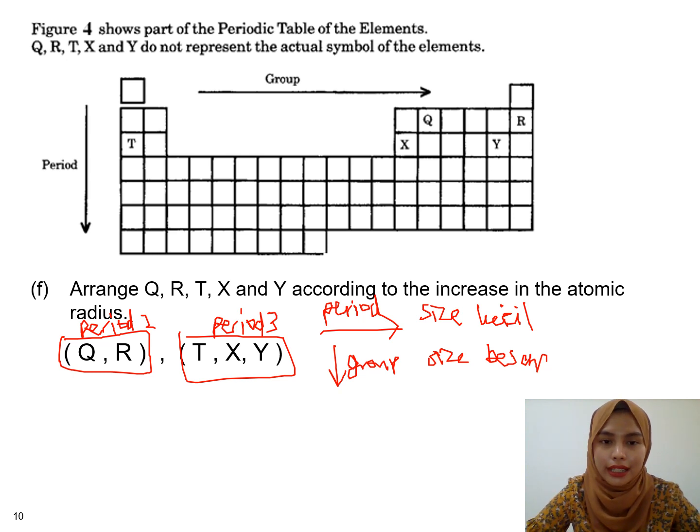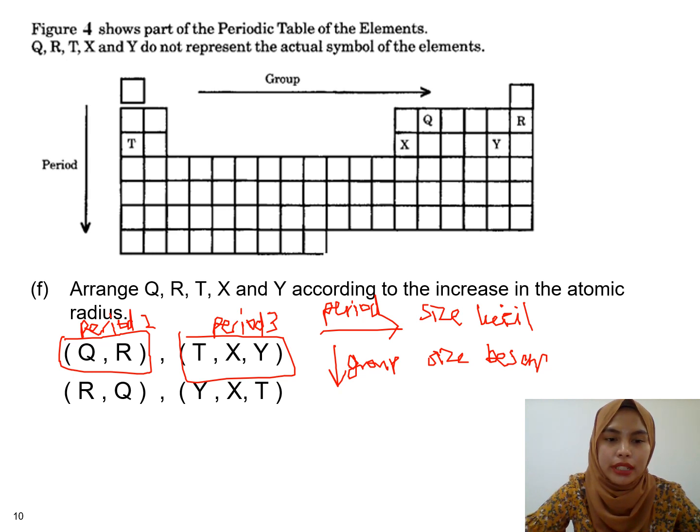Kerana increasing size lah. Next, you groupingkan macam ni pula ya. So, you tahu yang R will be the smallest in the period 2. Okay. And then kalau let's say in period 3, Y will be the smallest.